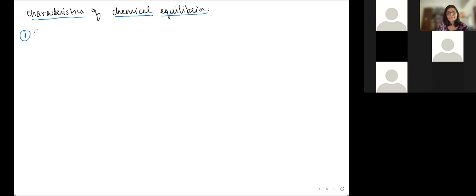Like the first point, at a given temperature, the pressure, concentration, density, color, all of that is going to be constant. These are the measurable properties that we saw in physical equilibria. Here also, density, concentration, color, all of that's going to be constant.